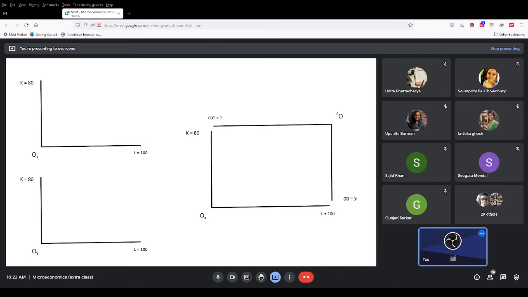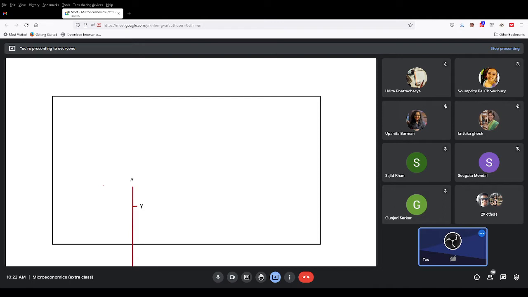So here we have the allocation of labor and capital for producing X. Here we have the labor capital allocation for producing Y. But when we bring the two boxes together, it becomes like this.